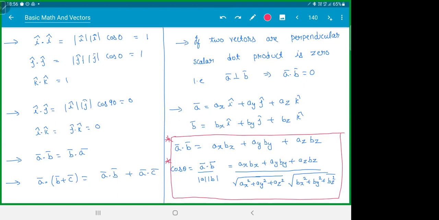Let's see 1 or 2 practice questions and then we will go ahead. Any doubts on this page?